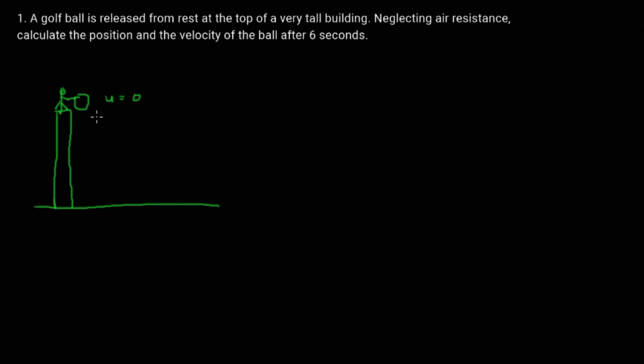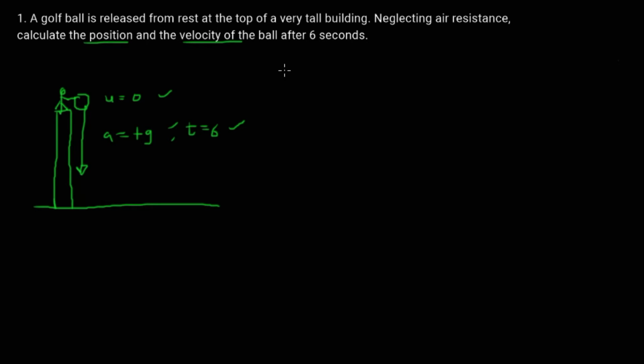the ball falls to the ground with an acceleration of positive g, because it is falling due to gravity. Gravity accelerates the motion. Now we want to find the position of the object and the velocity after time t, which is 6 seconds. We know the initial velocity of the object, we know the time, and we know the acceleration.